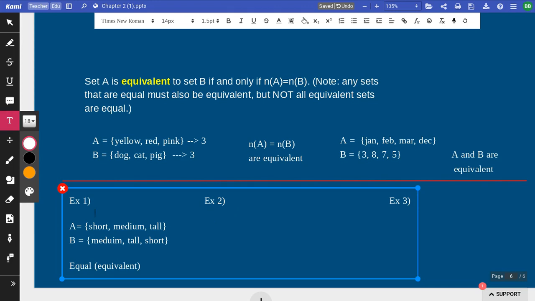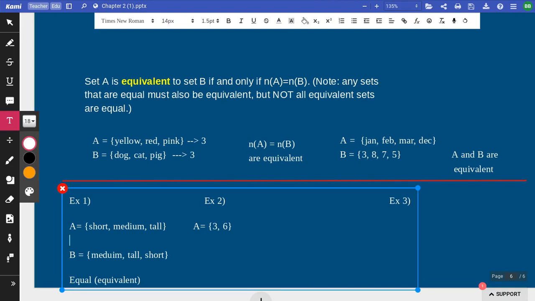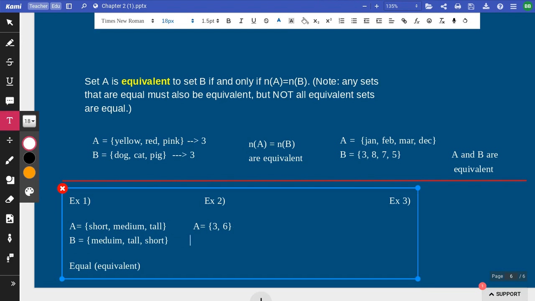Example 2. A equals 3, 6. B equals 8, 6, 9.